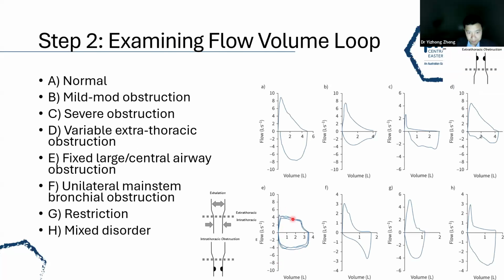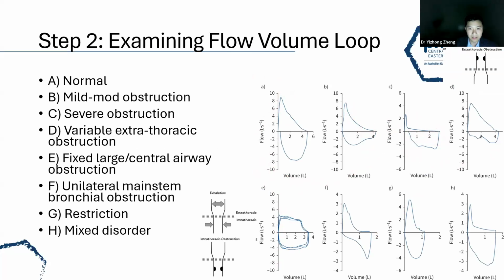So these are examples. A is an example of a normal flow volume curve. B, indicative of mild to moderate obstruction with the scalloping of the expiratory loop. And then further scalloping, you can see in a severe obstruction. In D, you have variable extrathoracic obstruction.